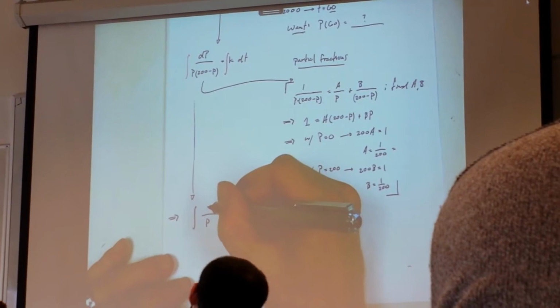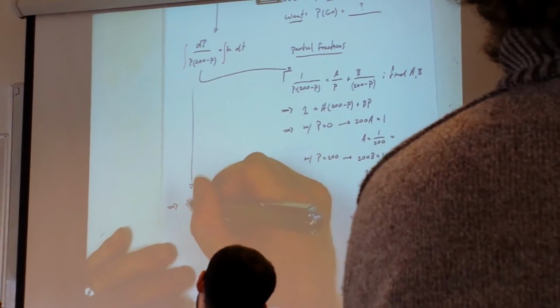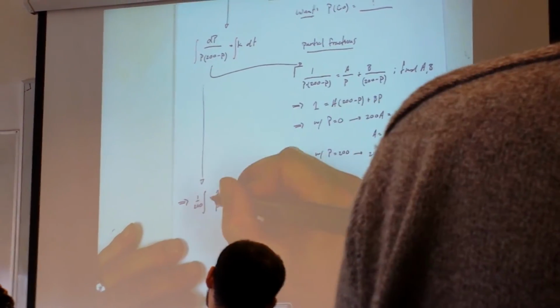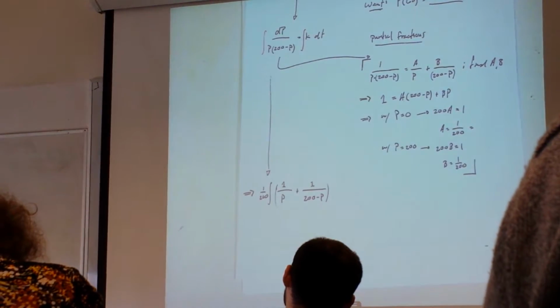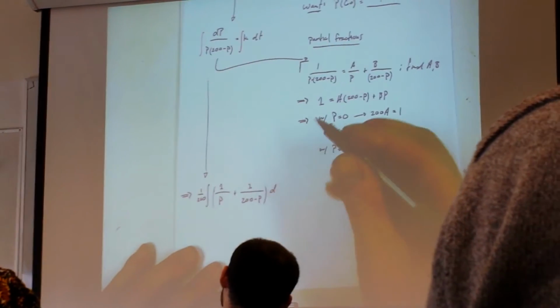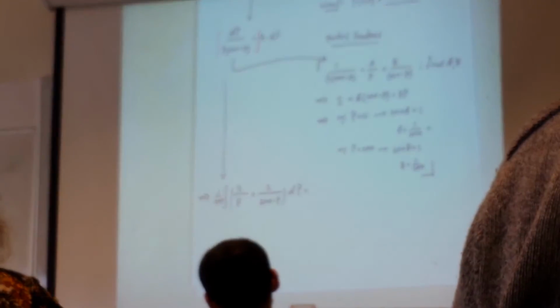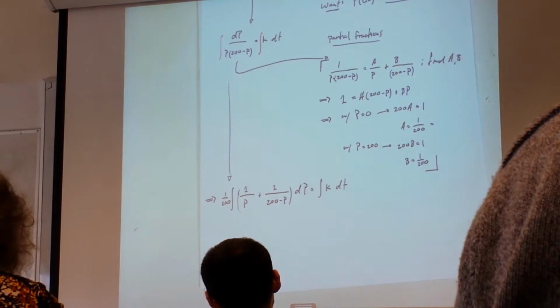Now what I'm going to do, though, is pull out that 1 over 200 out front. So pull out that constant, 1 over 200 that we just found. This is dp equals, and what's the integral on the right side? Let's just leave it here. We'll leave it with the same step. K dt. Okay.